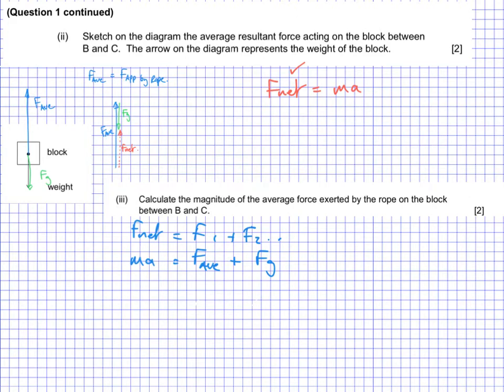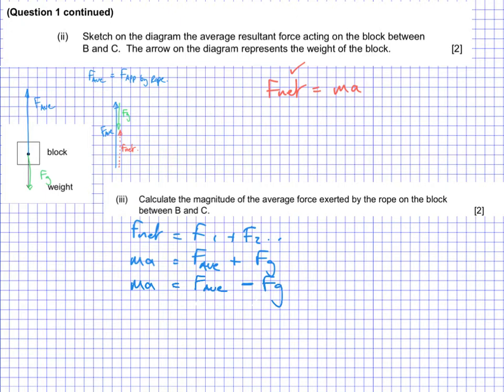So it's really important that I'm going to treat the acceleration to be up. That's okay. We did that in the previous question. I'm going to treat the force applied by the rope to be up, but I'm going to treat this FG to be negative because it's going in the opposite direction.